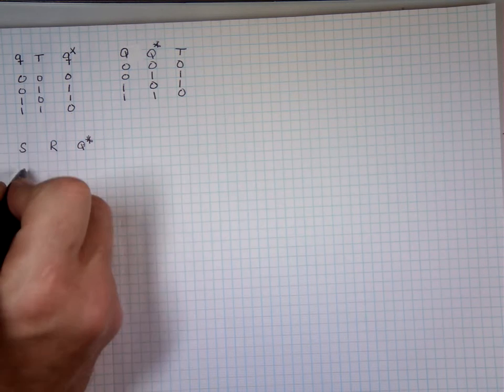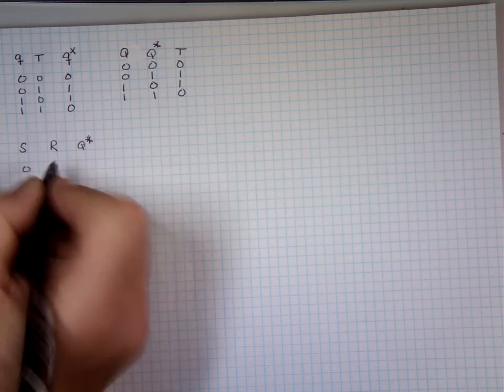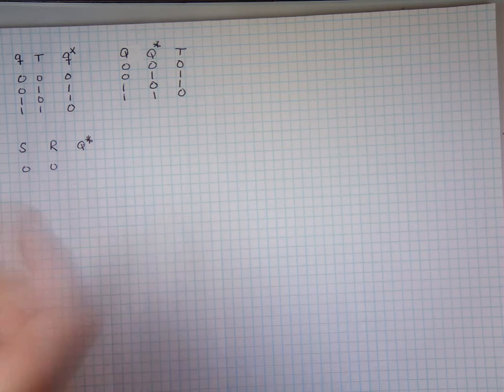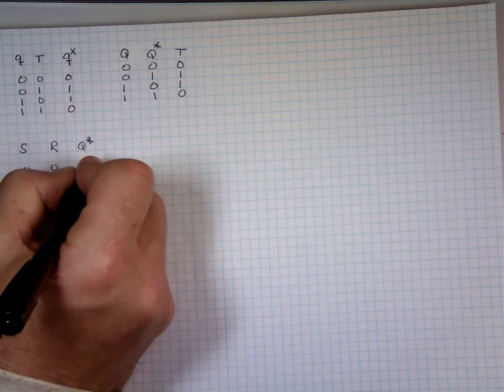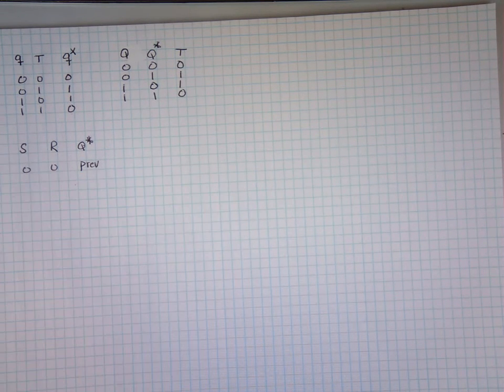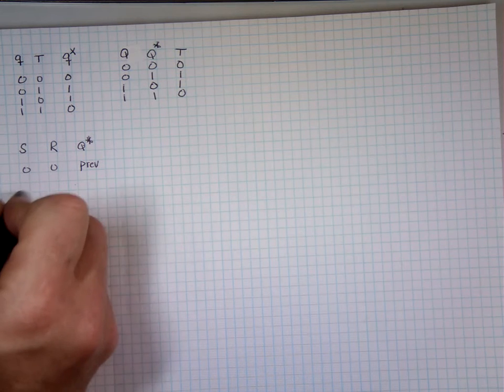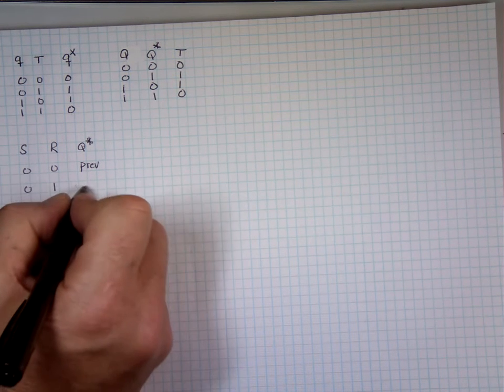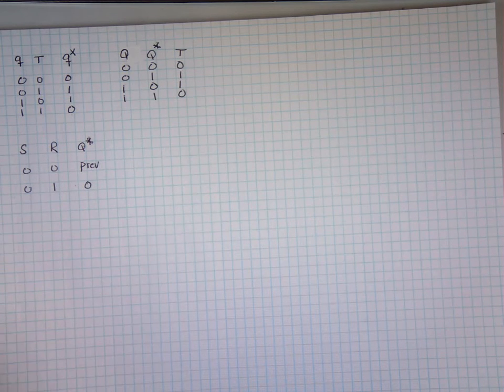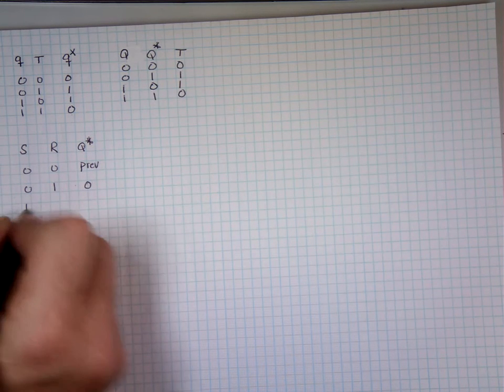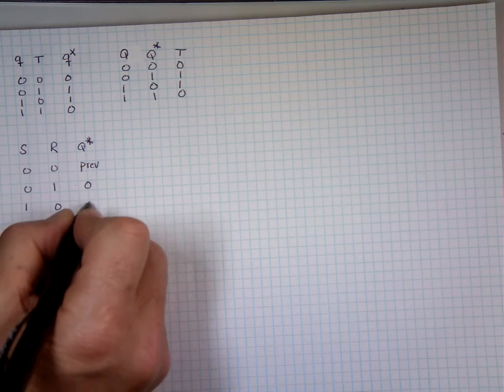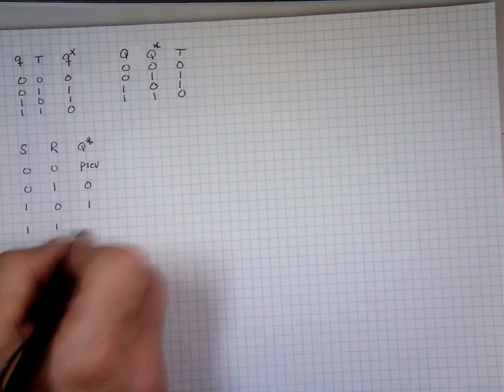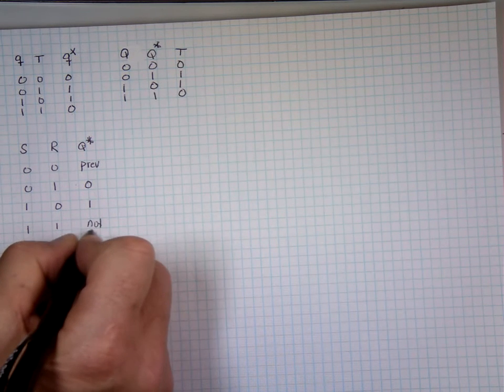When it's 0, 0, the next state will be the same as the previous. When it's 0, 1, it's always 0. When it's 1, 0, it's a 1, and it's 1, 1, not allowed.